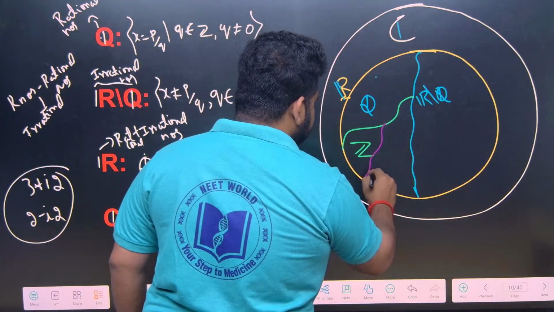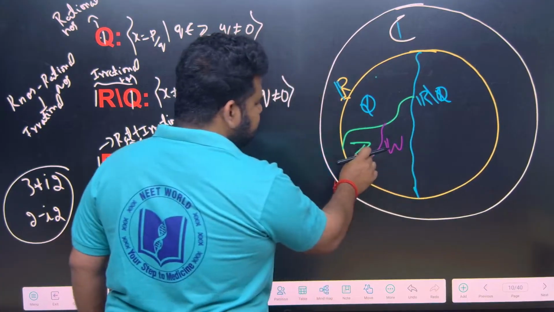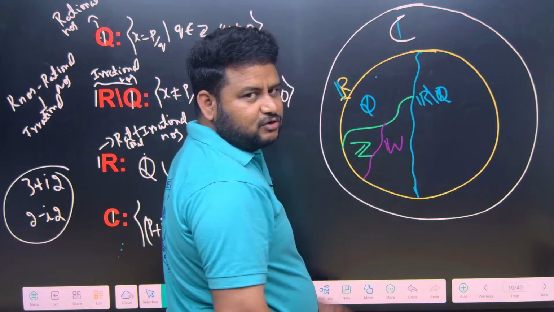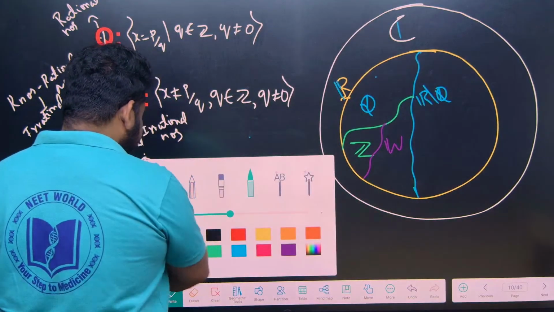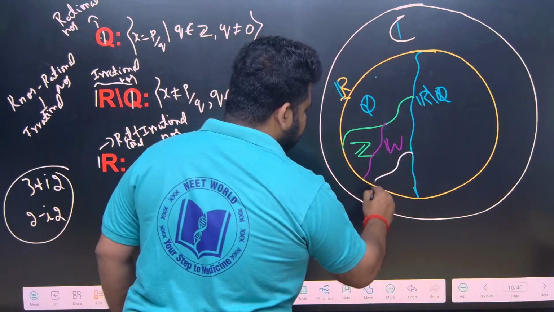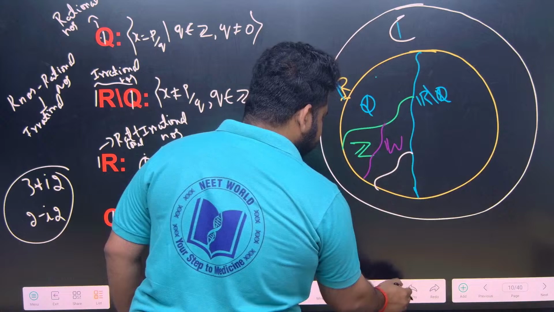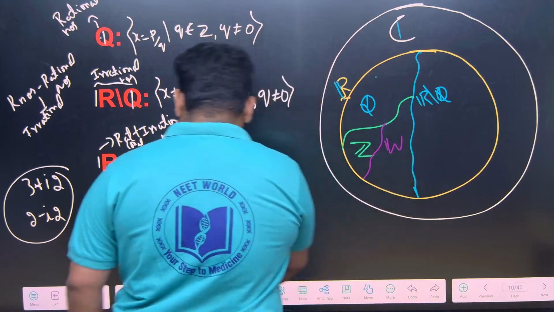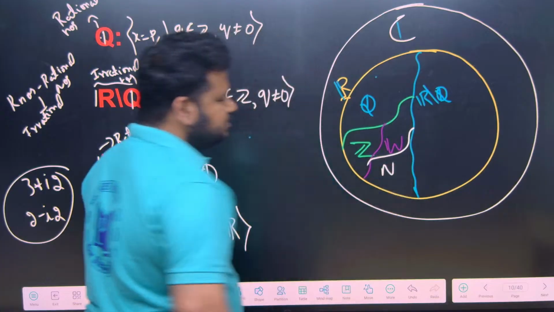Whole numbers are integers starting with 0 and positive numbers. Within the whole numbers, we have natural numbers. Observe carefully: if you eliminate 0 from whole numbers, what you get is natural numbers.